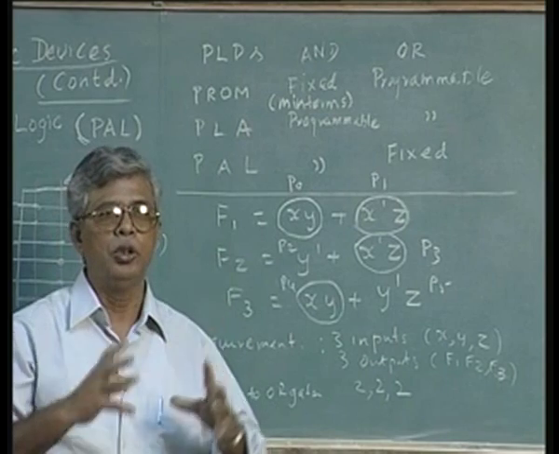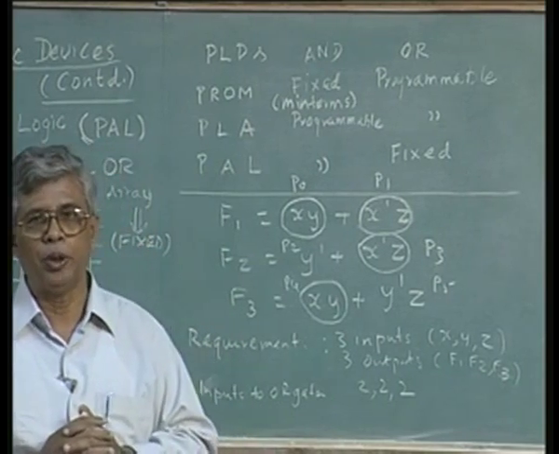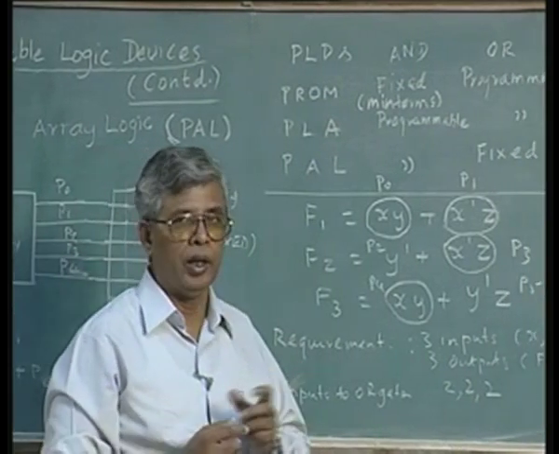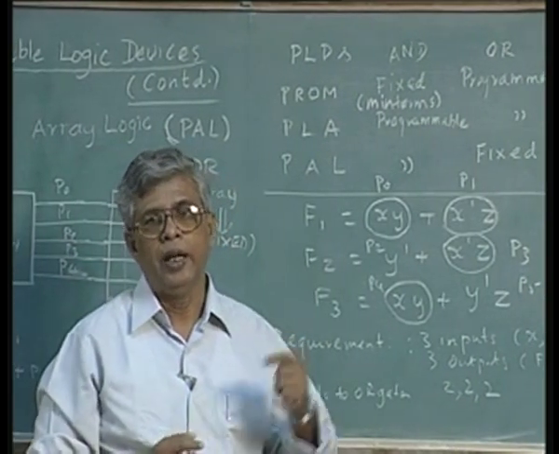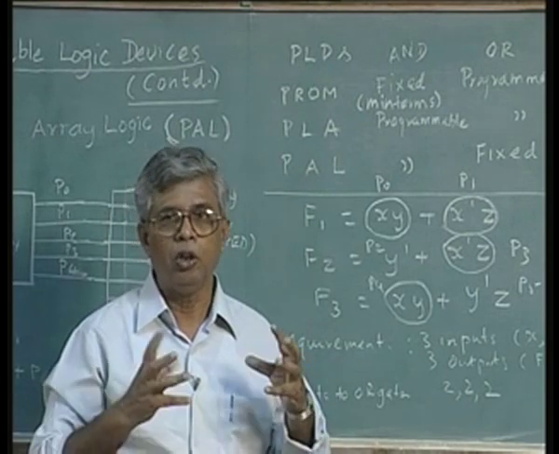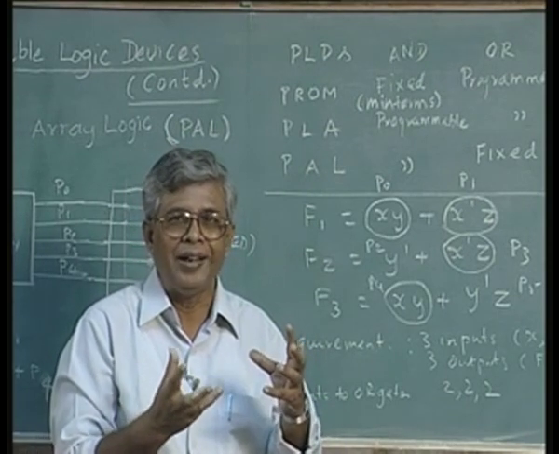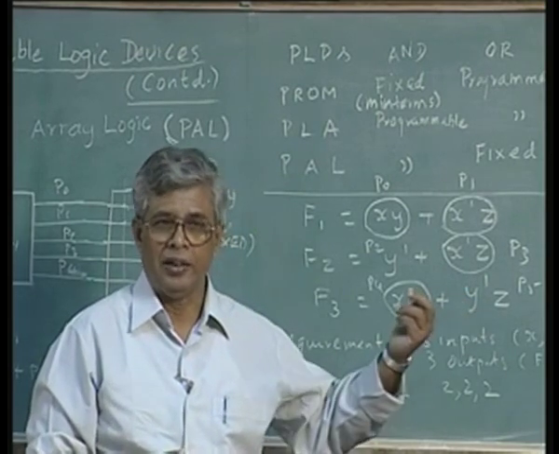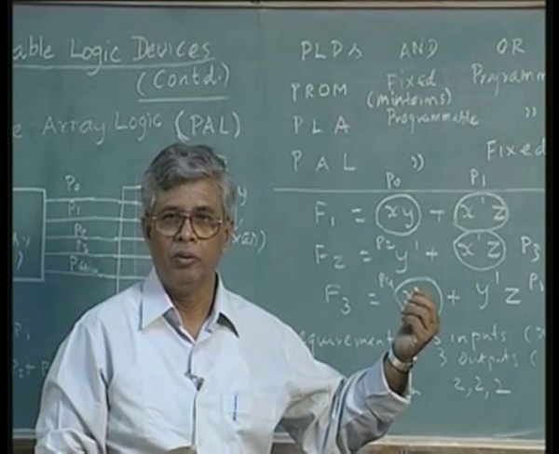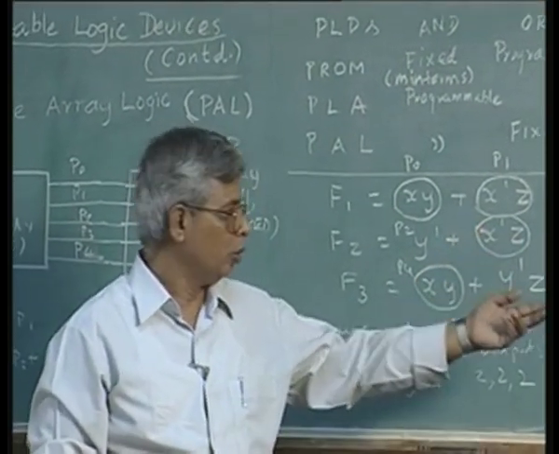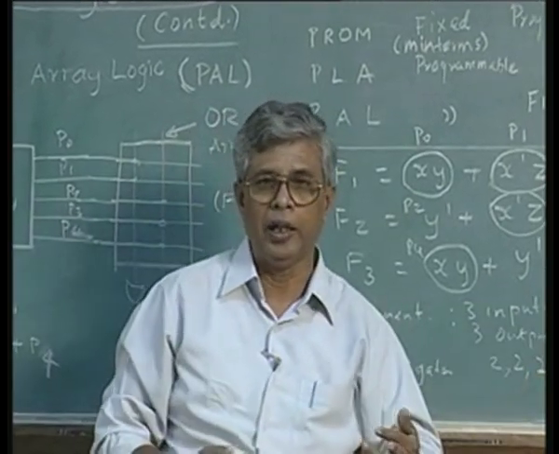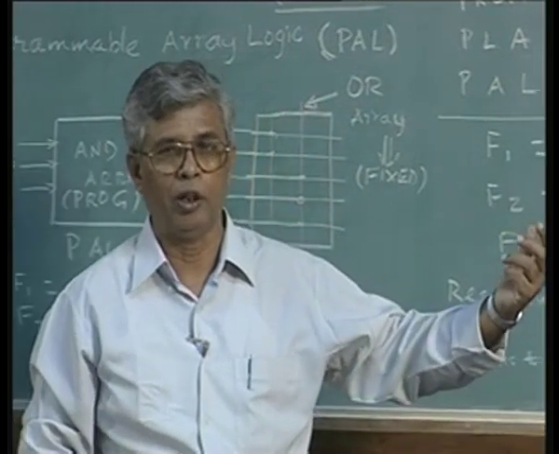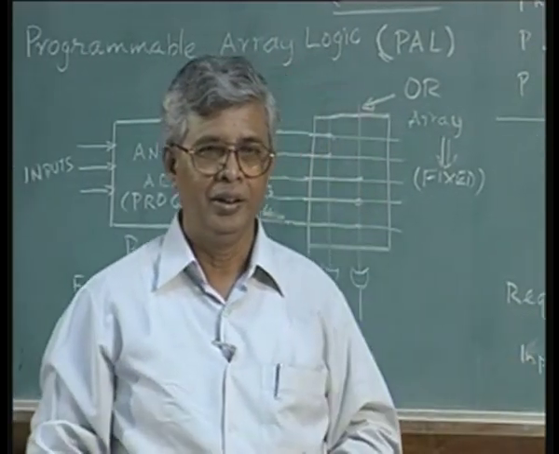Suppose I had a very huge system with a lot of inputs and several product terms generated, and each OR gate should have the capability to take as input any of those. So the hardware, if you look at it that way, the OR gate size will be very large in the case of programmable logic array. Here we are saying only 2 inputs, so it is a 2 input OR gate each. Earlier, supposing there were 5 terms, I should have had a 5 input OR gate, out of which I would have used 1 or 2 or 3.